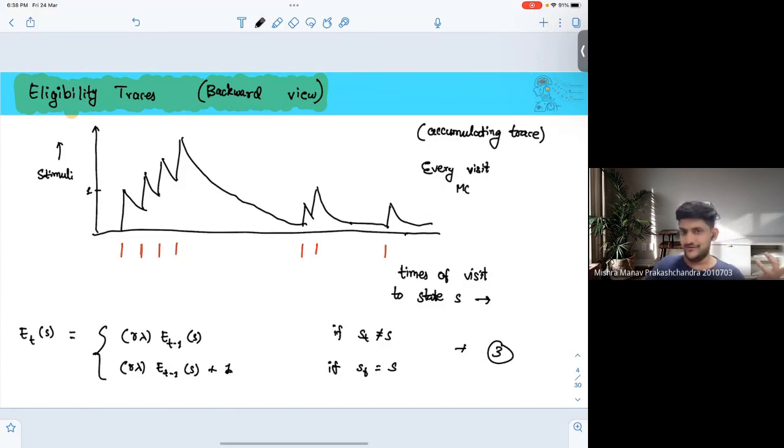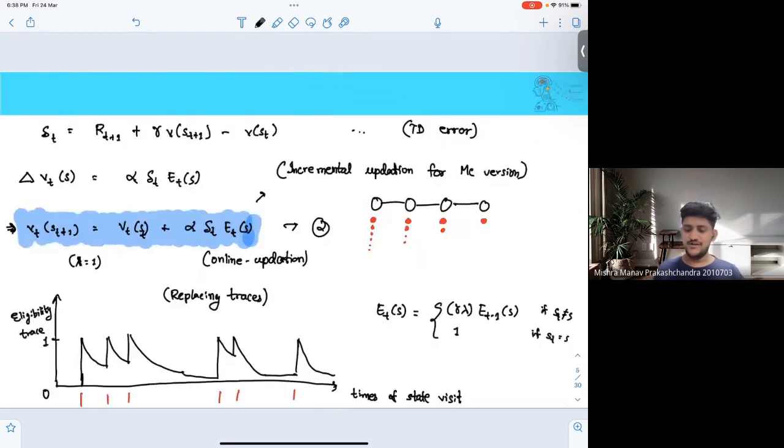If I set lambda equal to 1, this essentially falls under every visit Monte Carlo, whereas my replacing trace falls under first visit Monte Carlo. Okay.